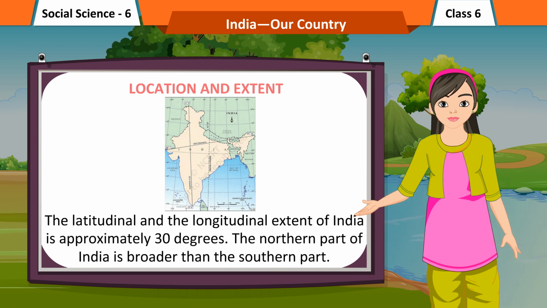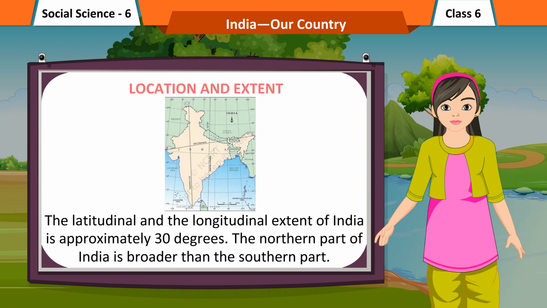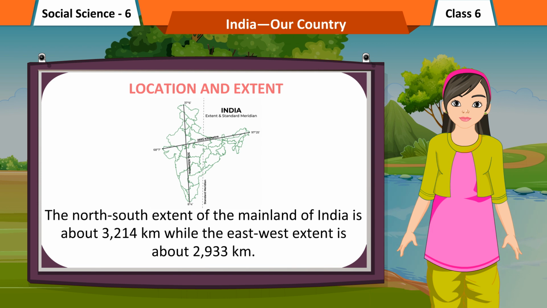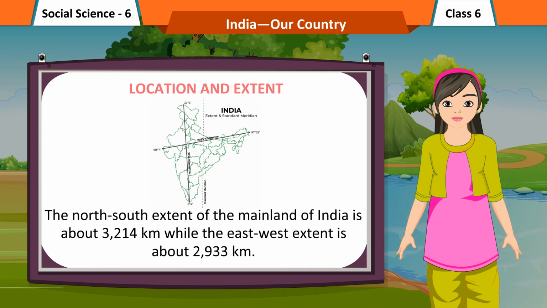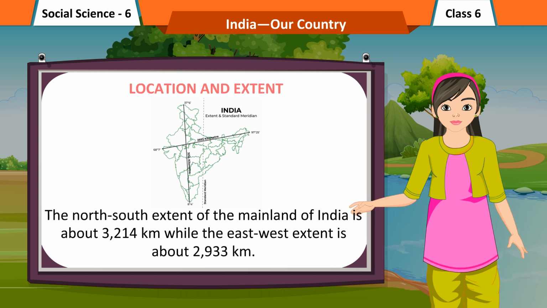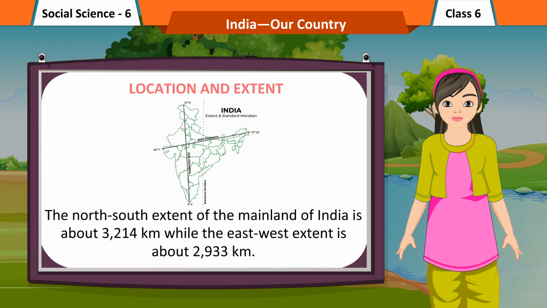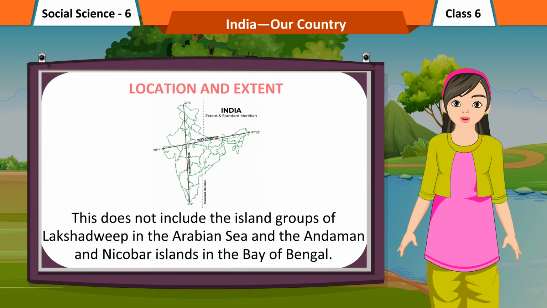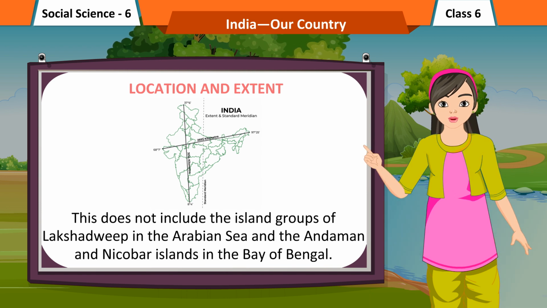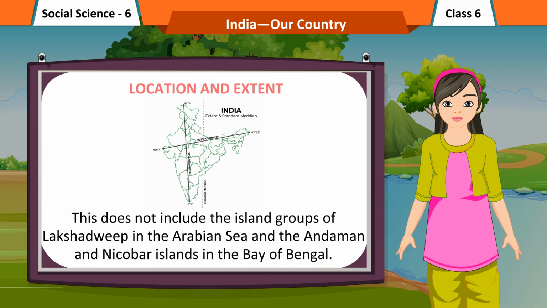The northern part of India is broader than the southern part. The north-south extent of the mainland of India is about 3,214 kilometers, while the east-west extent is about 2,933 kilometers. This does not include the island groups of Lakshadweep in the Arabian Sea and the Andaman and Nicobar Islands in the Bay of Bengal.